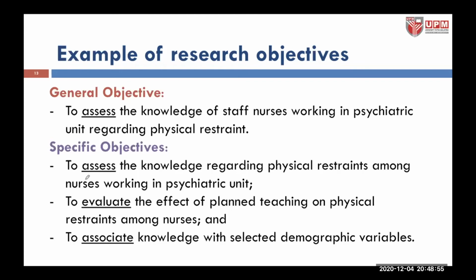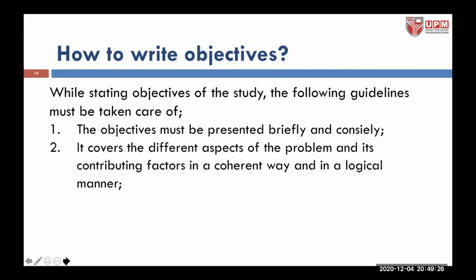So you can create a lot of things there. You can compare the knowledge on physical restraint between staff nurses in one department with another department. You can also simulate the situation. There are so many verbs that you can use to create a specific objective, because the first one is just a general objective, and then the rest can be written as the specific objectives.